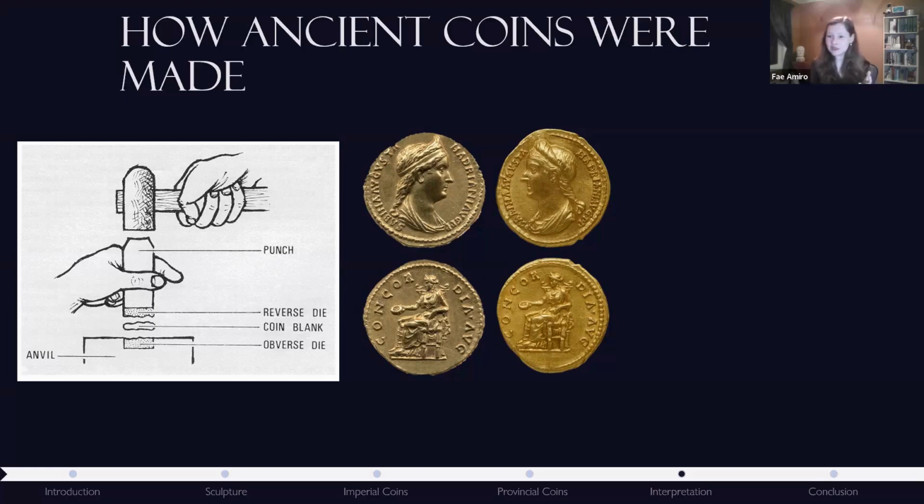If you really enjoy this kind of heavily detailed work, and you look at a lot of them together, you can create a linked sequence where you can see, for example, on this slide, the same die is used for the reverse of these coins. That seated Concordia is the exact same die.